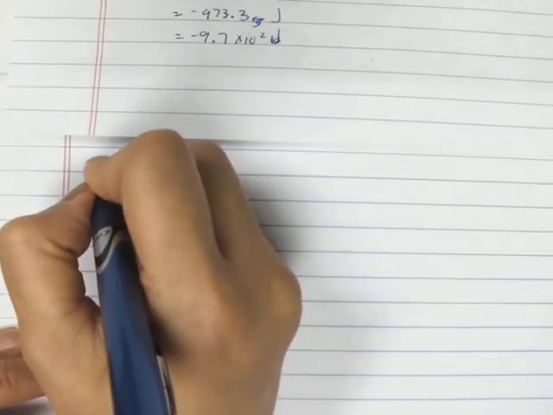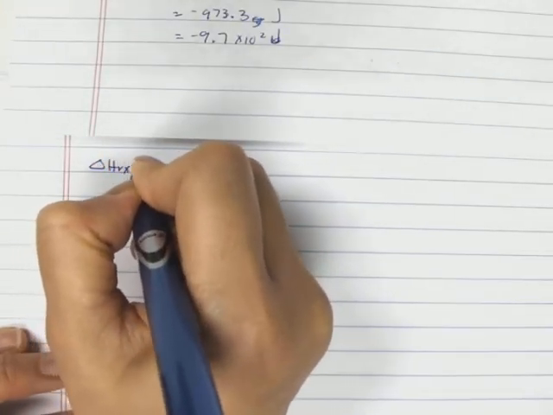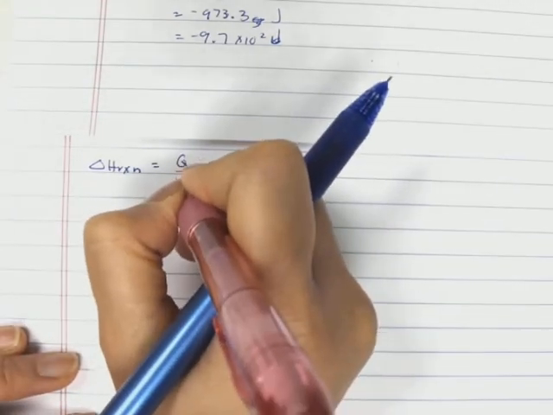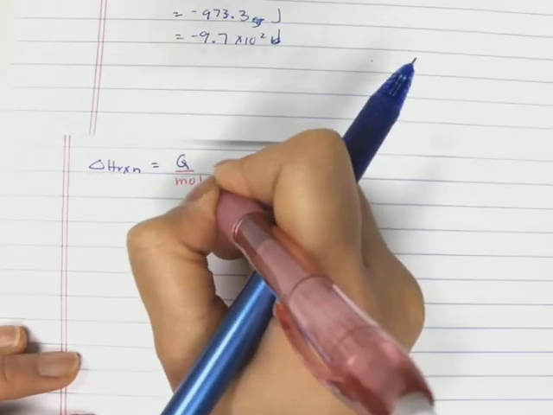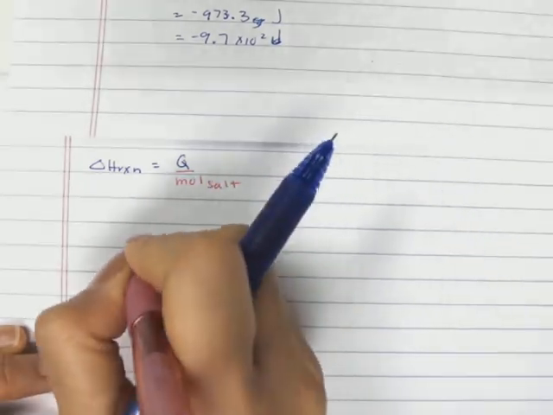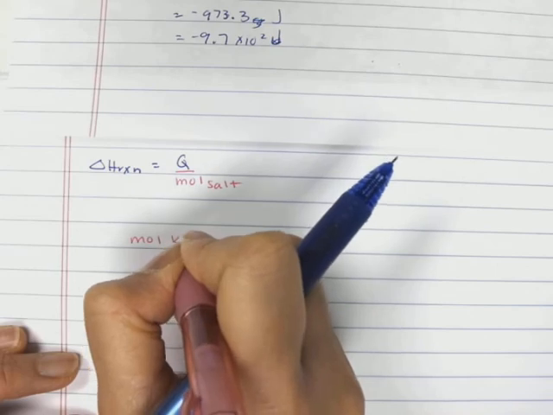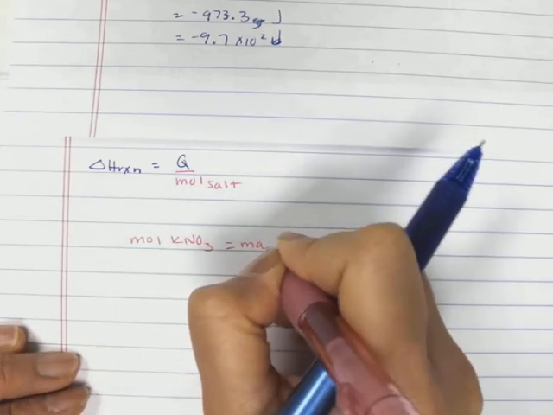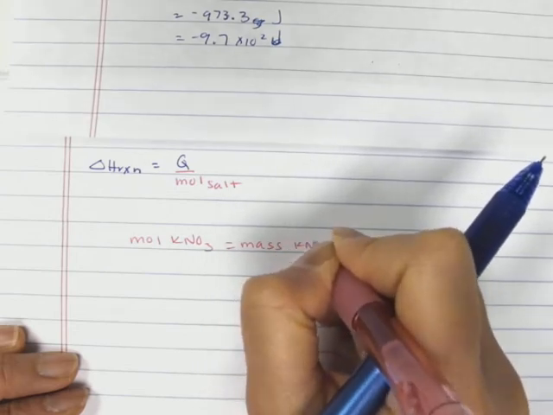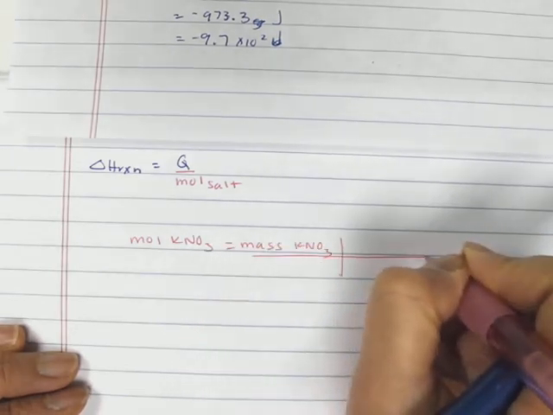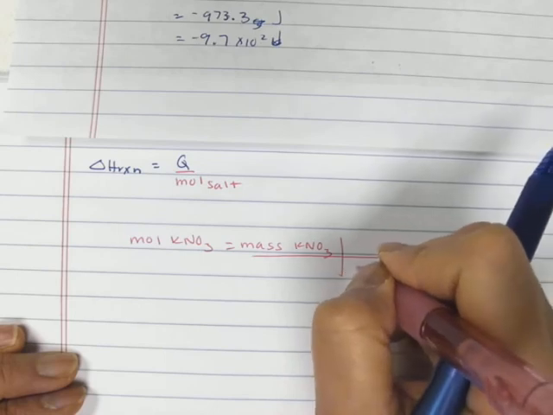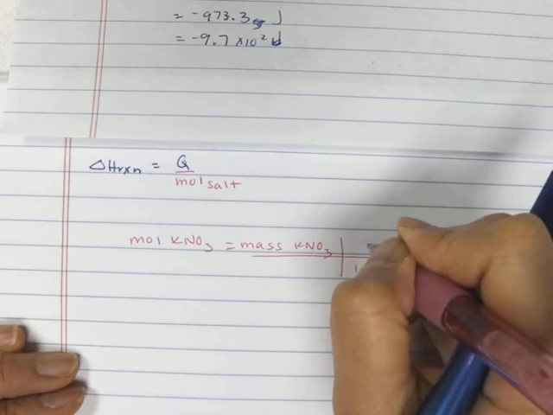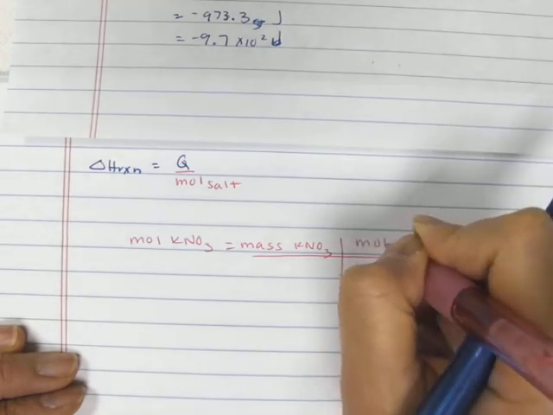Okay, and to get delta H reaction, that is Q over moles, and that will be the moles of the salt. So moles of KNO3 equals your mass of KNO3 times the molecular mass, so 101 grams of KNO3 per 1 mole of KNO3.